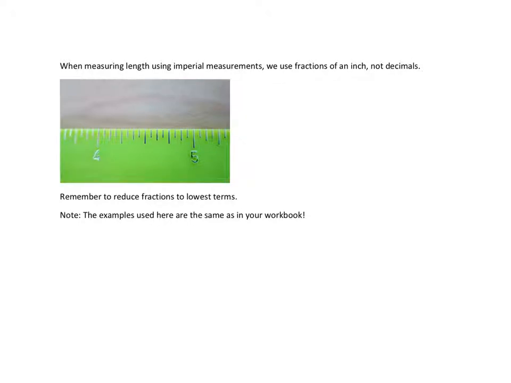So starting to look at the imperial measurement system, when we measure length using imperial measurements, we use fractions of an inch, not decimals. So if you think about any measurement unit, and here is a typical school ruler, it's important to know what the notches stand for. Every inch is split in half, and that's usually a larger mark, and so there's the half-inch mark.